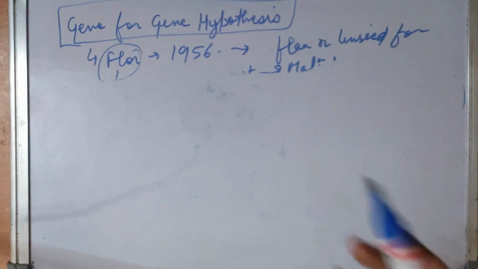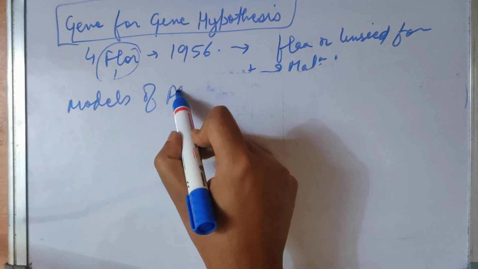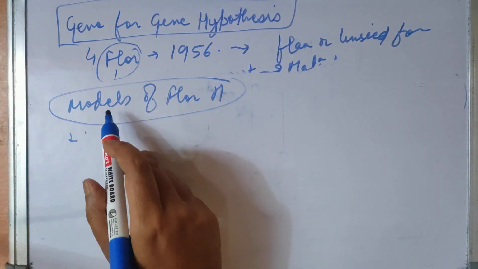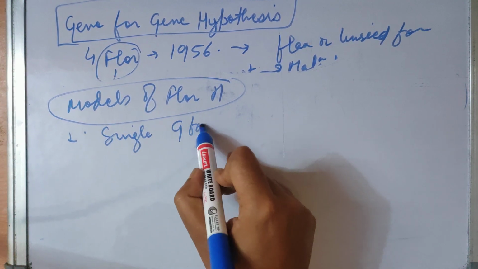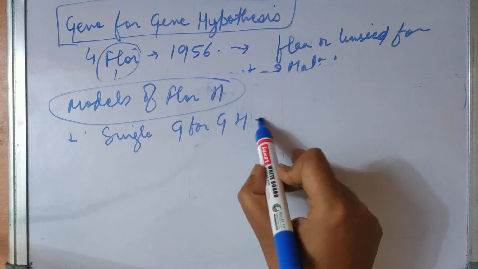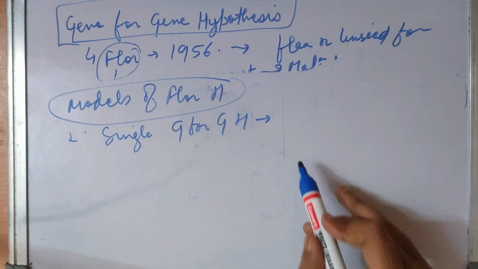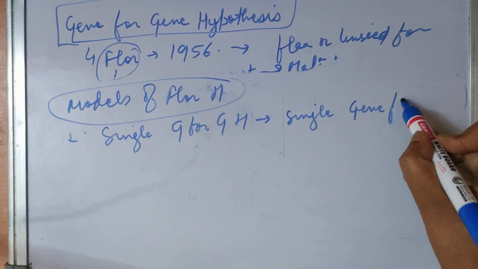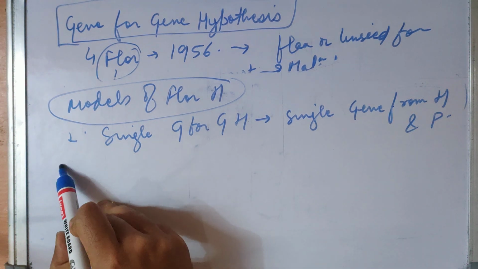Now, what are the models of the Flor hypothesis? First one is the single gene for gene hypothesis. Here there is a single gene from host and pathogen.